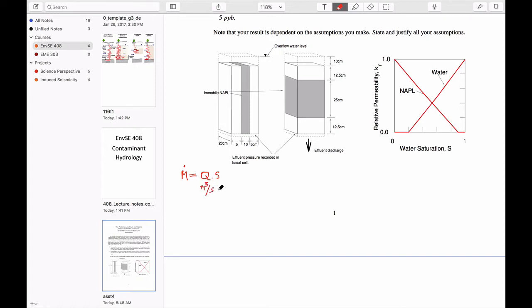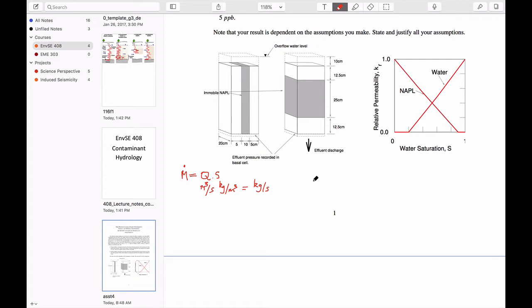This is in mass per unit volume. And so the product of these clearly is a mass flow rate, which is a mass of TCE or a mass of any kind of compound we have. So to do this, we need to know exactly what Q is, bottom line.